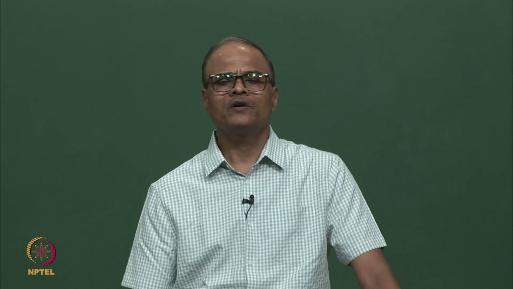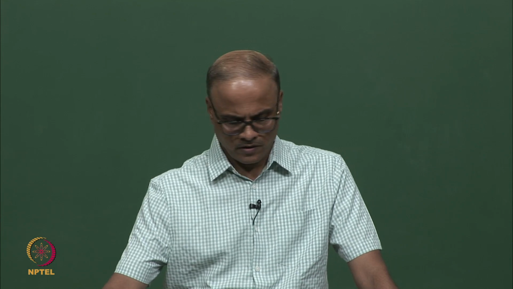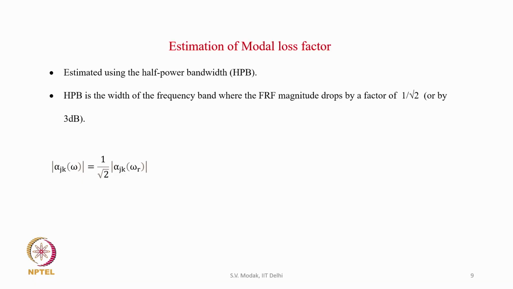So, let us work out an expression for half power frequency points or half power bandwidth. We are interested to know those frequencies at which the magnitude of alpha j k becomes 1 by root 2 of the maximum FRF magnitude, which is the FRF magnitude at omega equal to omega r.